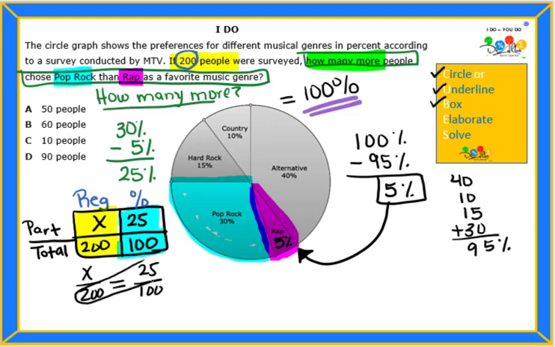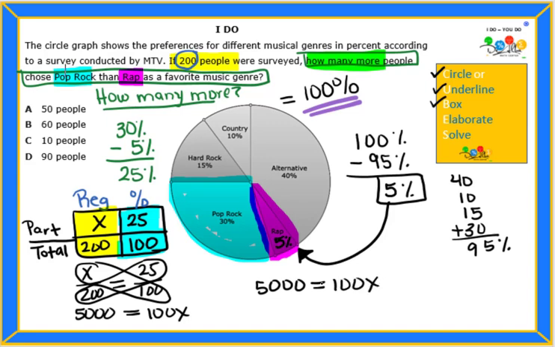So 200 times 25. 25 times 2 is 50, and then we have two zeros, is equal to 100x. Okay, so now I have a one-step equation, and my one-step equation says 5,000 equals 100x.